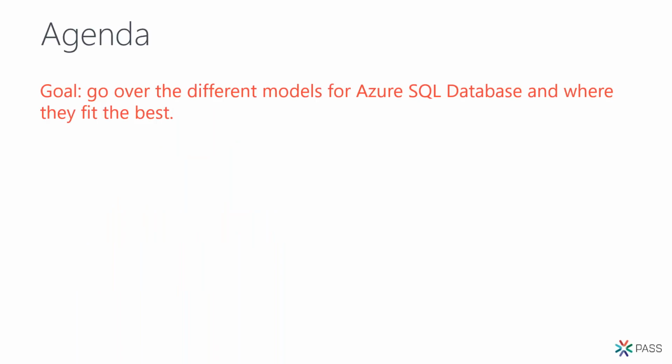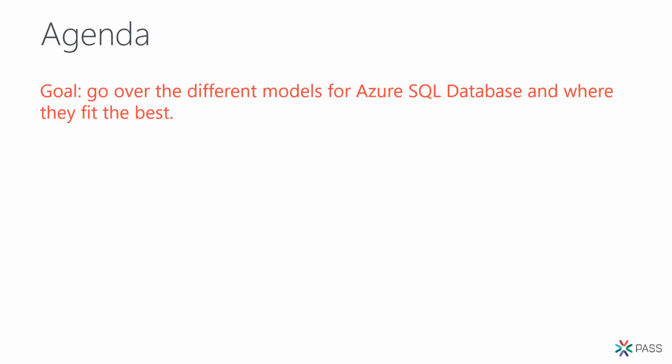Okay, let's talk about today. So the goal here is to go over the different models for Azure SQL Database that Microsoft has introduced and find out how they fit with each other and what is the best way to use them, when to pick one against the other. Obviously, Microsoft has been putting tons of investment into Azure, and this also means that they have created a lot of different offerings for when you just want a SQL database, right?